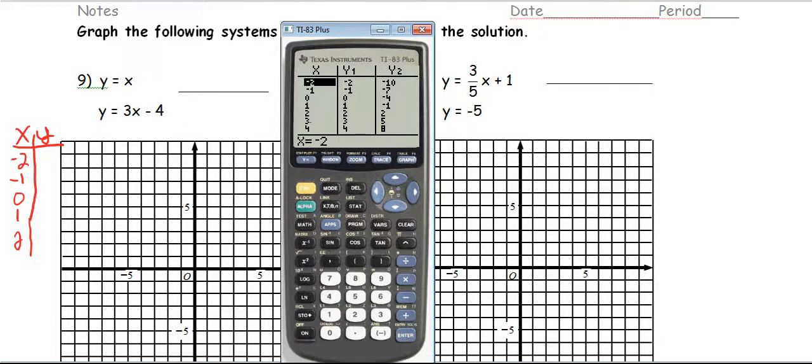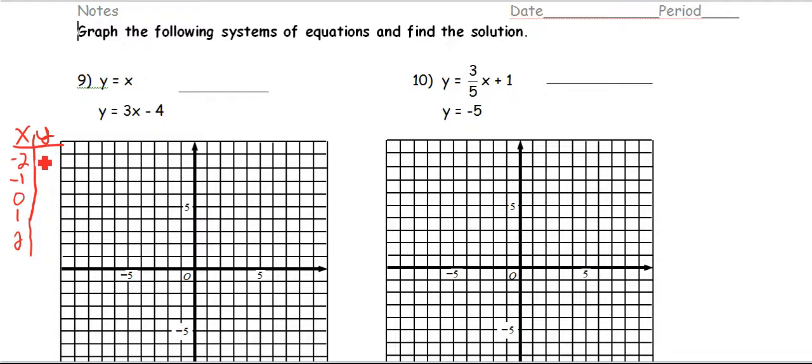So I'm going to go ahead and plug that in. So that'll be -2, -1, 0, 1, and 2. Now for my second equation over here, I'm going to do a different color. And then I'm also going to do -2, -1, 0, 1, and 2.